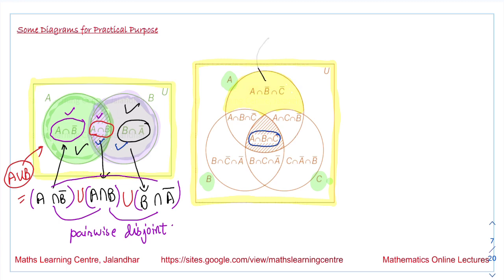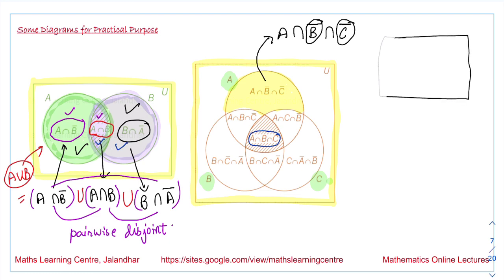This portion is the portion of A. It does not contain the elements of B, and it does not contain the elements of C. Not containing the elements of C means that it contains the elements of C complement, and it contains the elements of B complement. If I draw only this much, these are the three circles that we have.